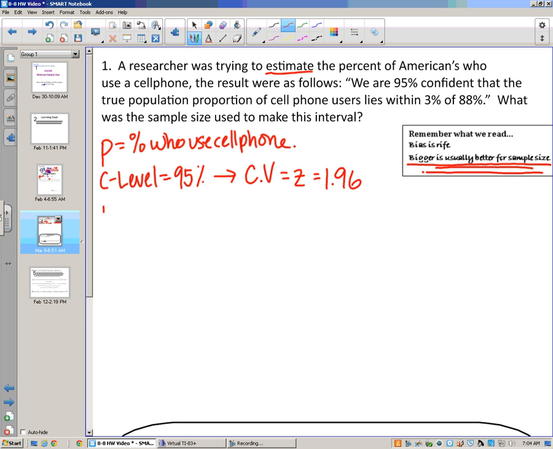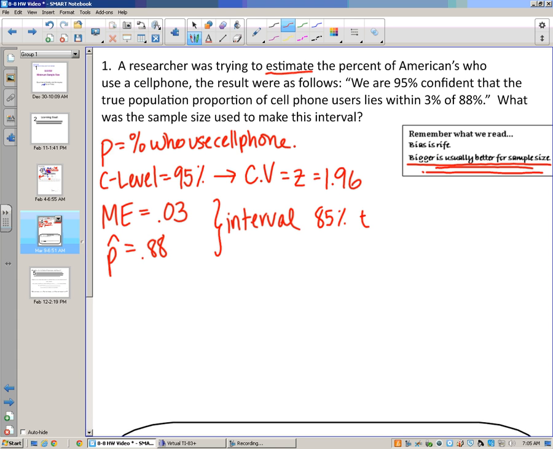Lies within 3%, so our margin of error is 3%, or as a decimal, 0.03, of 88%. That's our p hat. You can actually make the interval: 88 plus 3% and 88 minus 3%. So the interval would be from 85% to 91% of people have a cell phone.